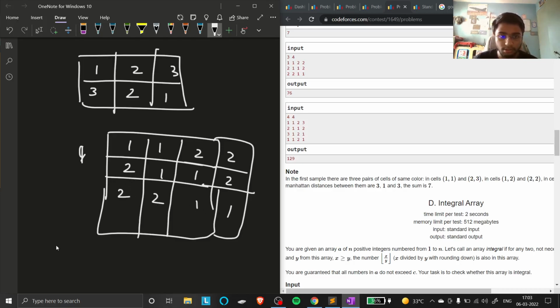So how many pairs have the same color? First of all, we will consider these two pairs. So its distance is 1. Then calculating this, 2, 1, 2, 1 plus 2. Then this 2, 2. Okay, this much.